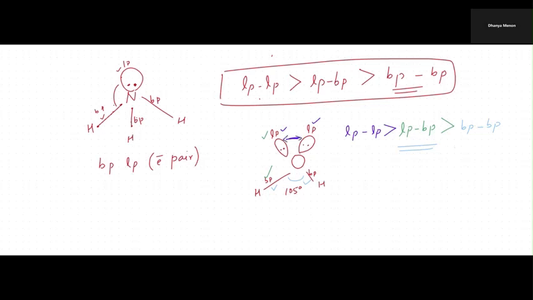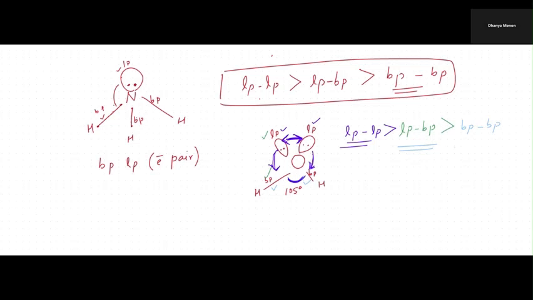It's the greatest, and they try to reduce the bond angle. So they try to repel from each other, and in that process, this lone pair will push this bond pair, and this lone pair will push this bond pair, leading to reduced bond angle. Okay, I hope this is clear.